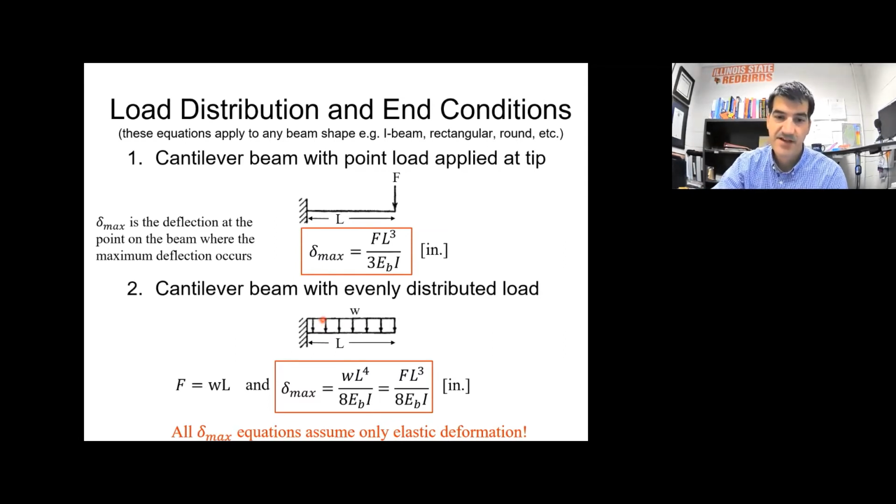What we have is WL to the fourth, and W is the distributed load. W is like a number of pounds force per foot. So let's say we have 5 pounds force per foot, that's W, and the length or span of the beam is 2 feet.